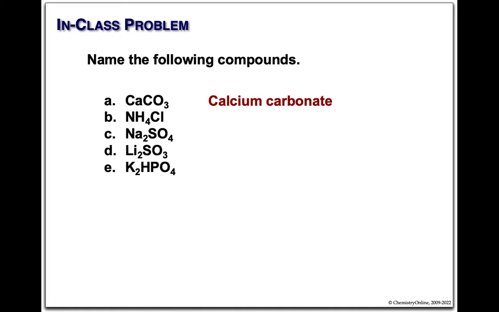This is the only cation I said we're going to deal with in H4. Ammonium. This is chlorine, so it's chloride. Ammonium chloride. This is sodium. Sulfate has a -2 charge, so we need 2 sodiums. We do sodium sulfate.